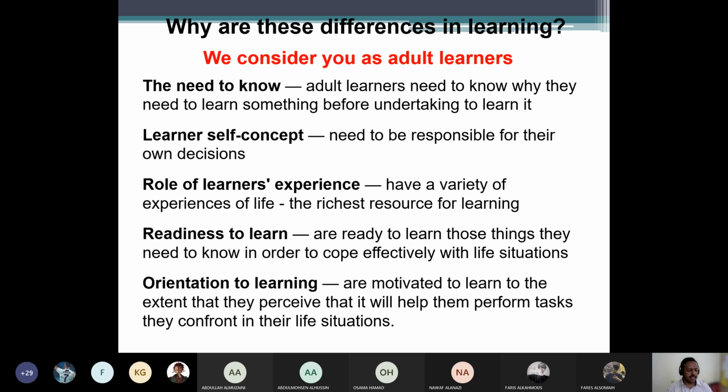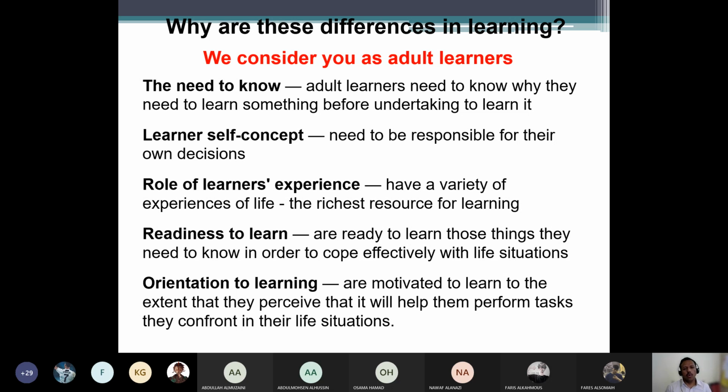So you are considered as adult learner. Now you are big, so you are considered as adult learner. They are different from children. What is the difference? Adult learners need to know what they are going to learn, because you have taken admission in MBBS course, so you want to become doctor.